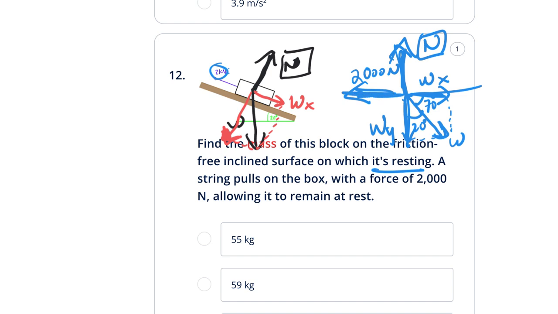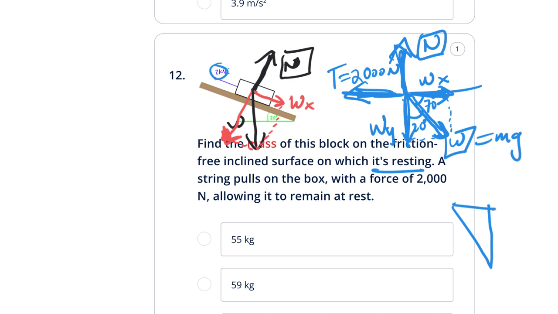So the string's force, the tension, has to equal Wx. We're trying to solve for the mass, which you'll get from finding the weight of the box.